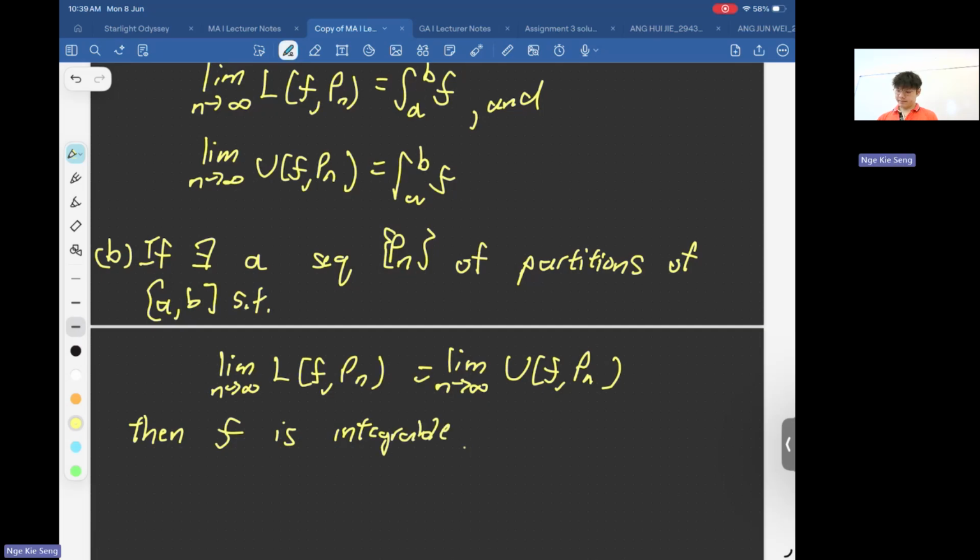And at the same time, these two limits are our integral.